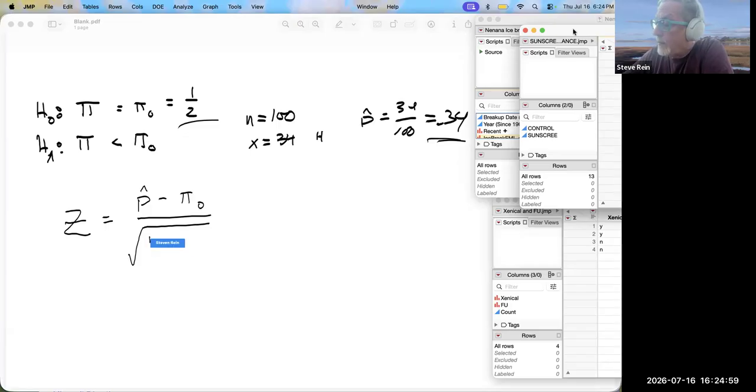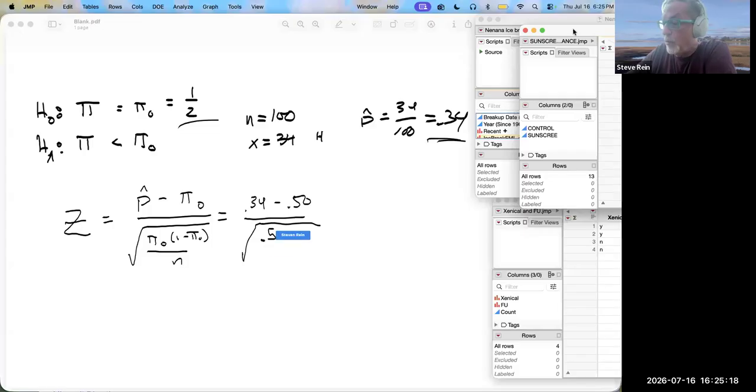times 1 minus pi naught all over n. So in our case, I get 34% heads in my sample. I expected 50% heads in my sample overall, and we're going to divide that through by 0.5, again, controlled by the null hypothesis.